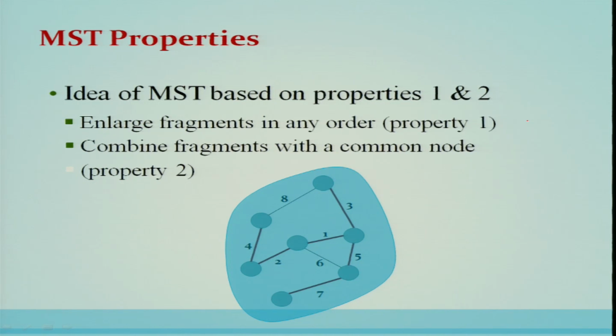So applying properties 1 and 2 iteratively, we will get the complete coverage and we will get the MST. That means the fragment is continuously growing using properties 1 and 2 till it covers everything as one fragment, and that is a minimum weight spanning tree.